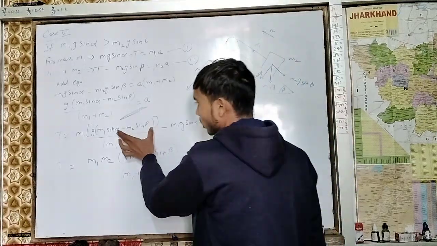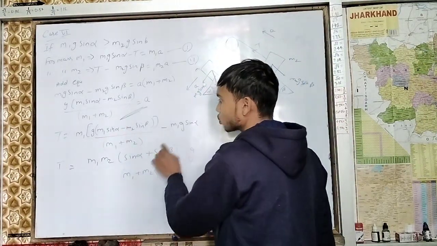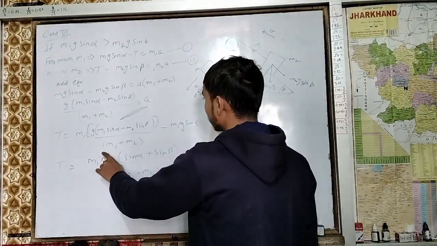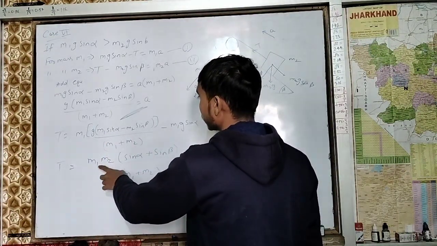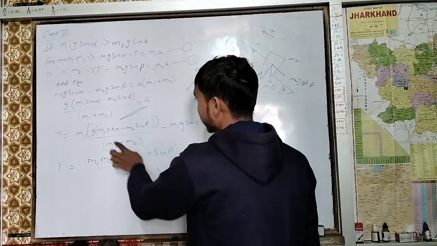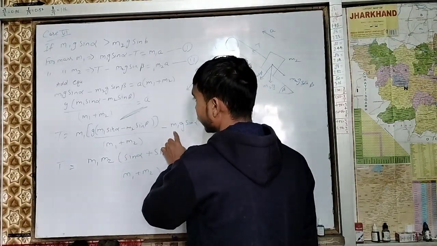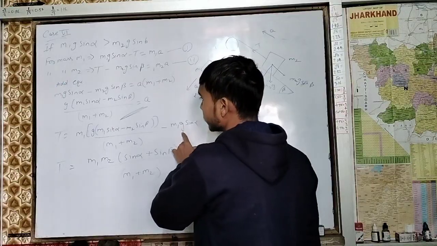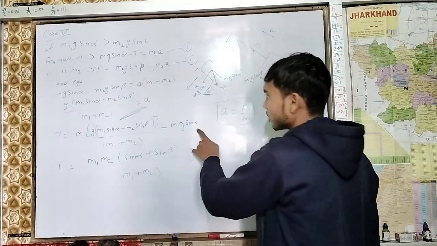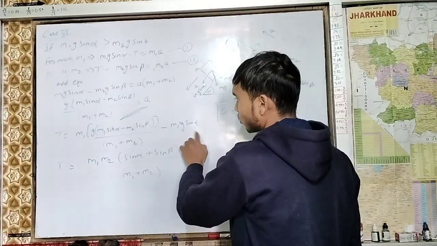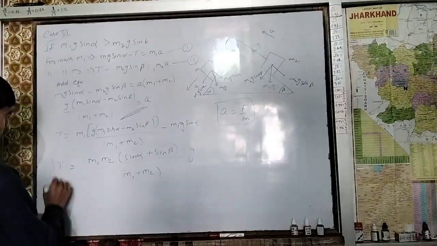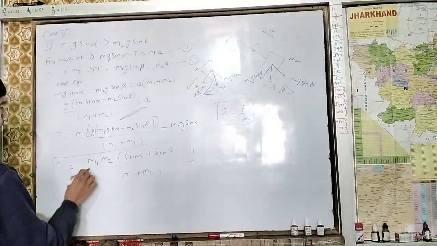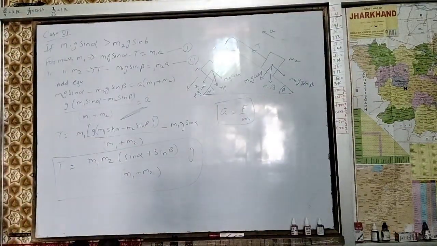Look at the denominator: m1 is common, so m1 is over here, m2, then m1 z m1 sin alpha. This is common. At the end, you will get T is equal to m1 into m2 into sin alpha plus sin beta into z upon total mass.